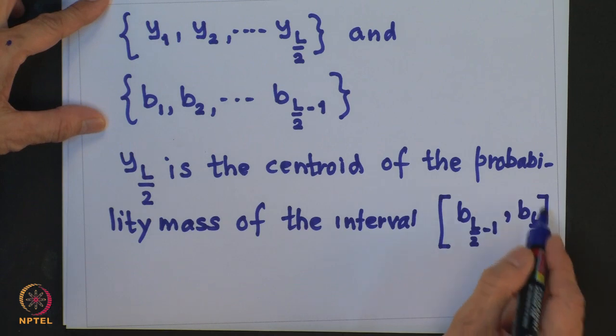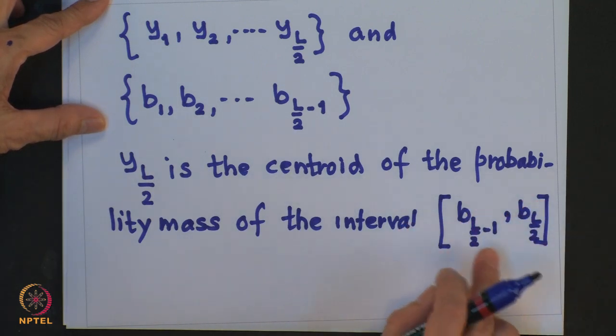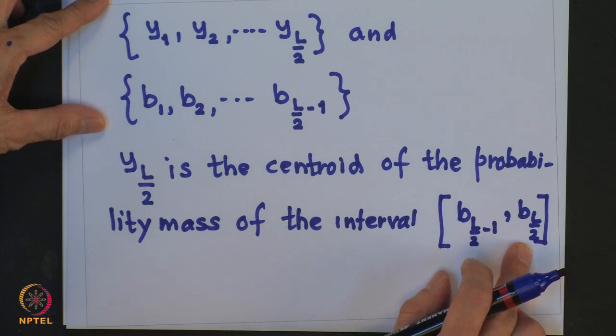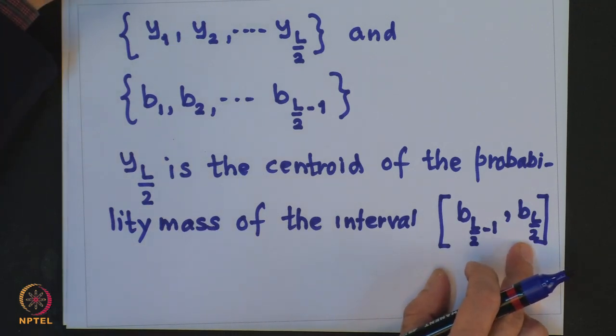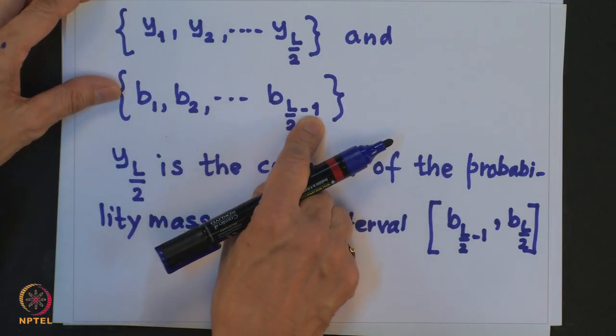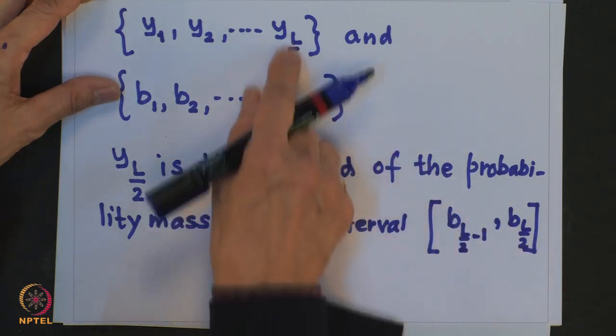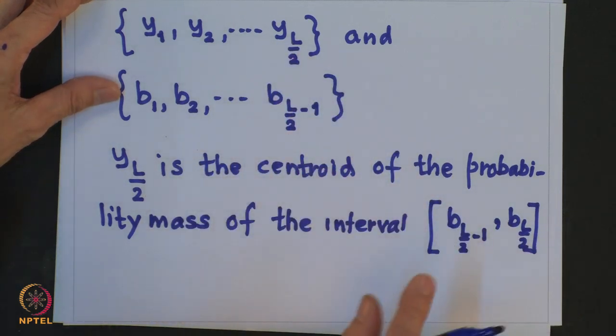Now, we know this BL/2 from our knowledge of the data, correct. So, if it is an unbounded PDF, it could be infinity, correct. So, it is simply the largest value that the input can take, and we are aware of this. So, I know my B(L/2 - 1) and B(L/2) from the knowledge of the input data. So, I could have calculated my yL/2 using this relationship.